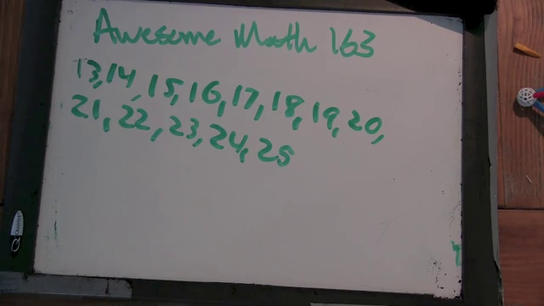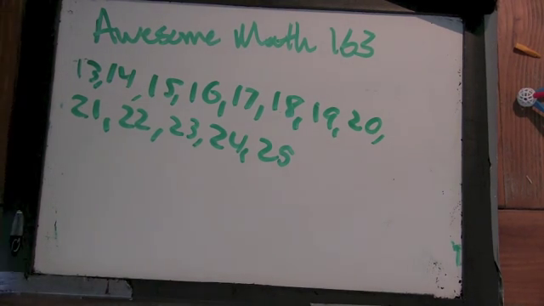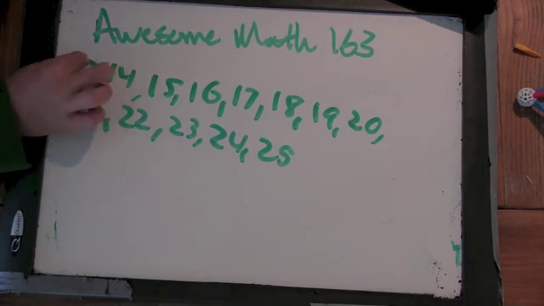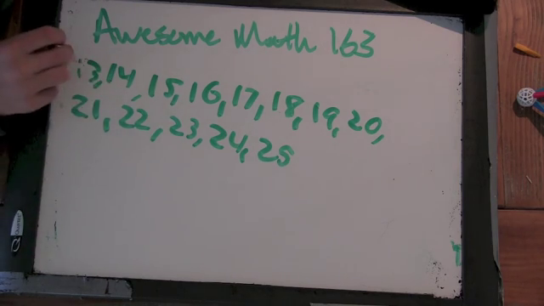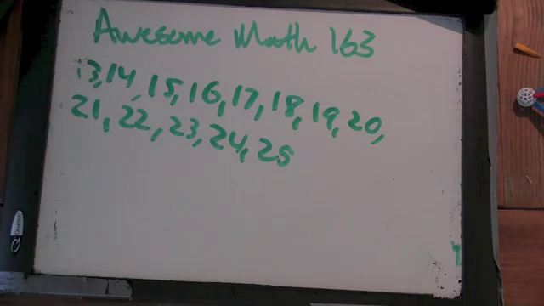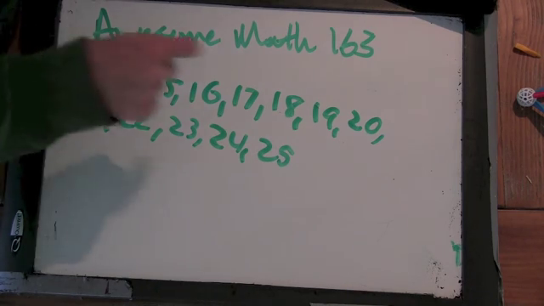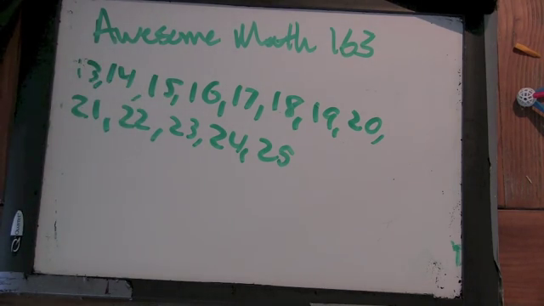How come there are 13, not 12? Well, from 13 to 23, that's going to be 11 numbers, and then there's 2 more, for 24 and 25.